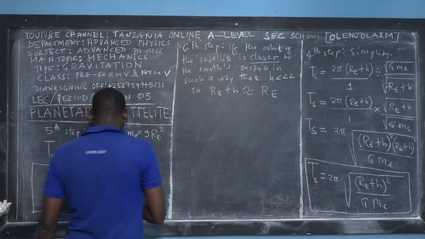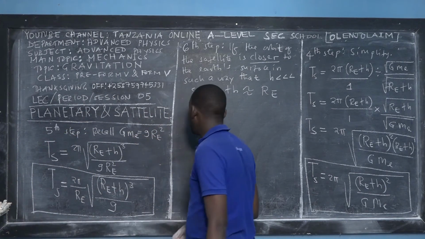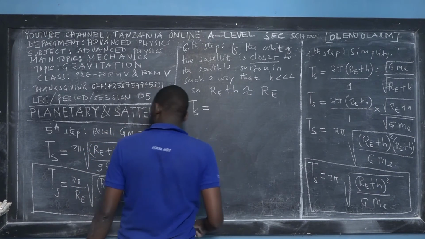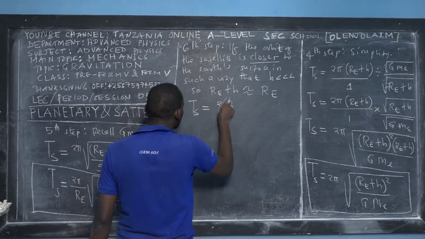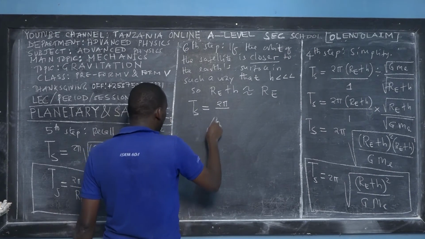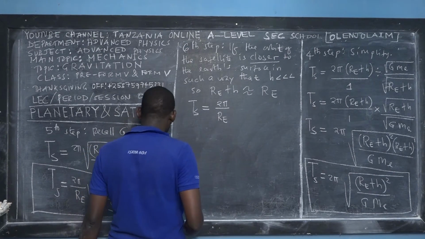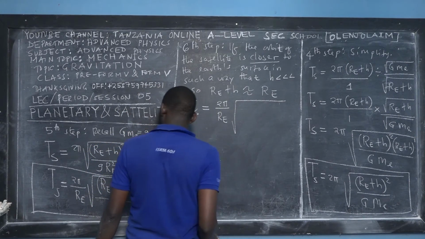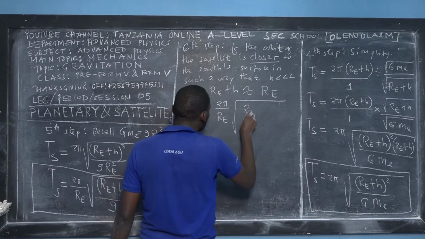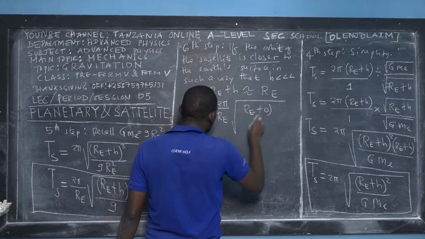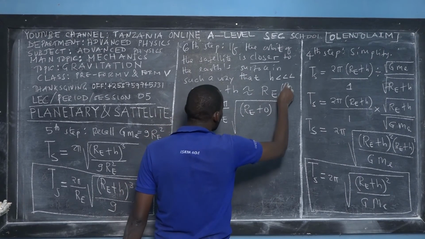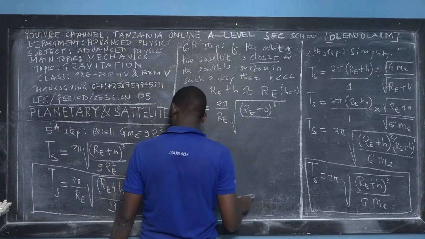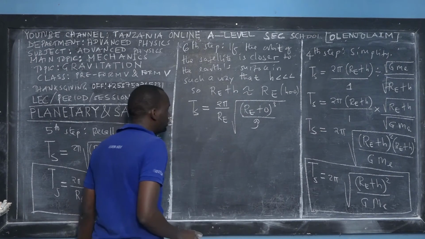So if that is the case, now we take into consideration this form of the formula, we say that now the period of the satellite is equal to twice pi over the radius of the Earth, right? And then in the numerator we have now the radius of the Earth plus 0, which is height 0. This means that the height is 0, okay? But cubed, divided by acceleration due to gravity.